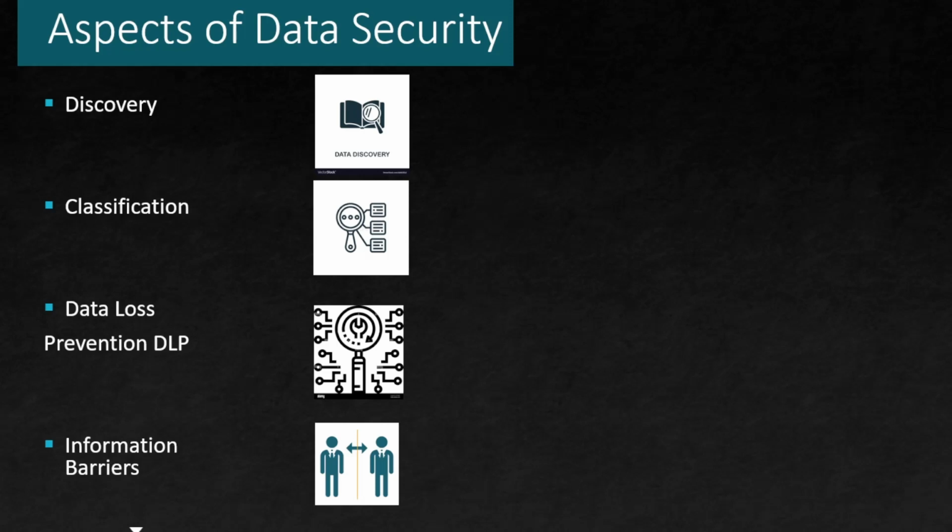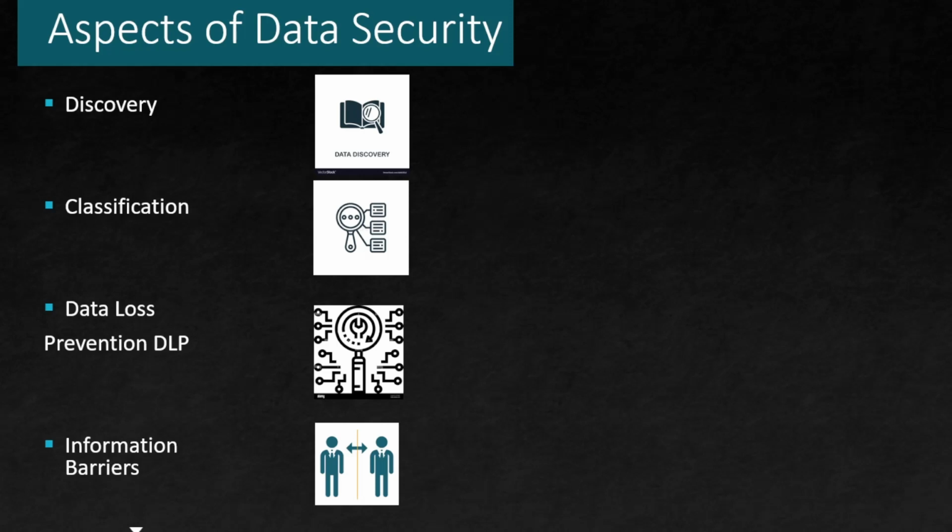Now, data classification will complement data security because it's going to be categorizing data based on its type, its sensitivity, and its value to the organization. And that is important for understanding the data risk and implementing controls to mitigate those risks.